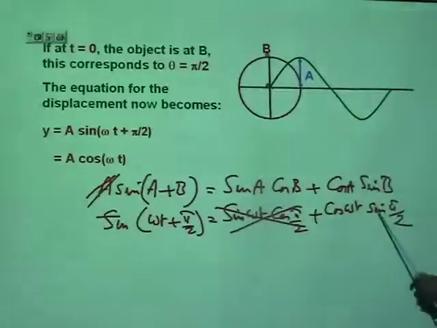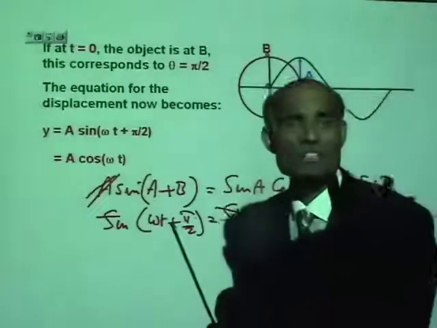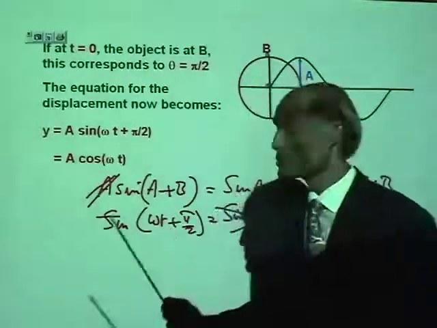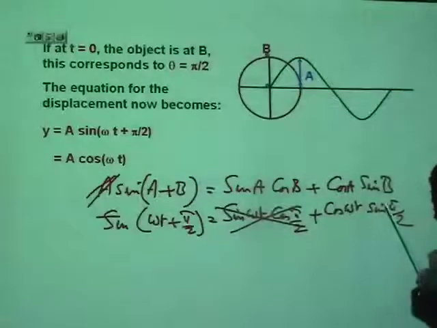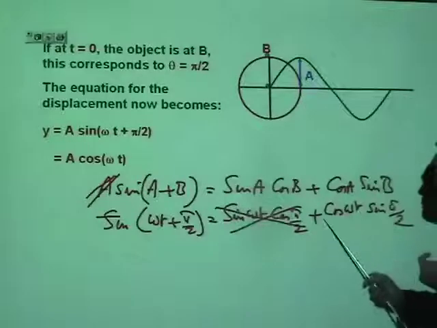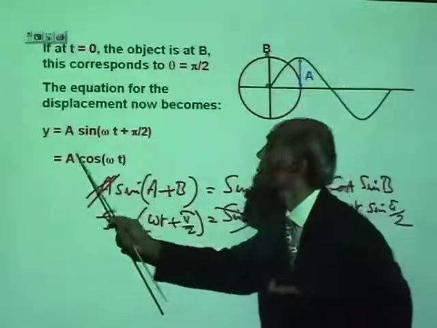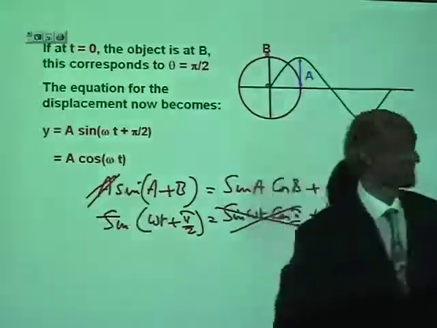And what is the value of sine pi by 2? Those are basic things in trigonometry. Sine pi by 2 is 1. So this quantity will reduce to cos omega t times 1. Look at this. Sine omega t plus pi by 2 is cos omega t. That's what this equation is.